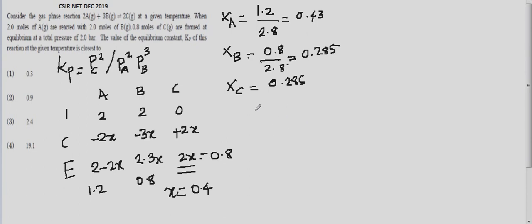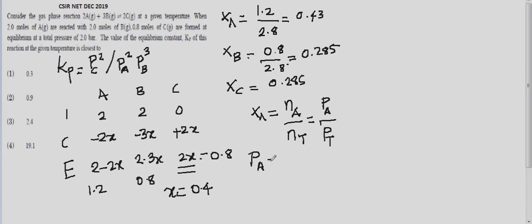XA is nothing but NA, that is number of moles of A, divided by NT, that is the total number of moles. In other words, we can write it as the partial pressure of A divided by the total pressure. So we are just rearranging it for PA.